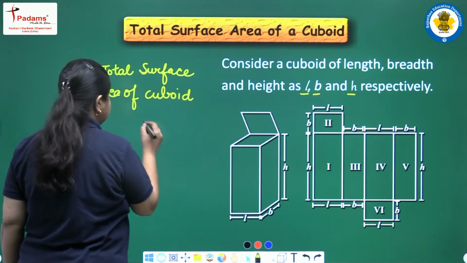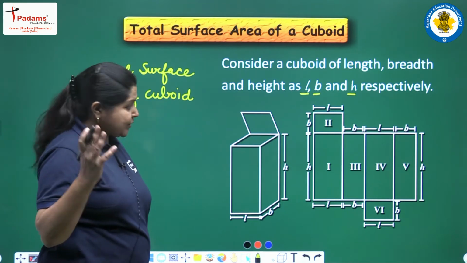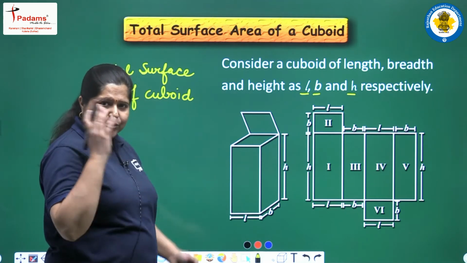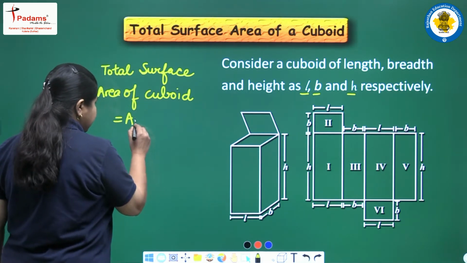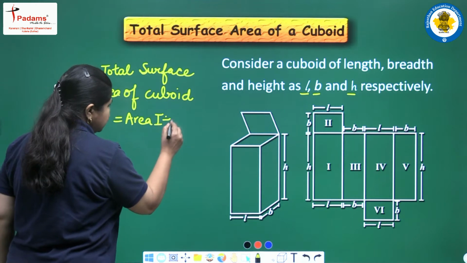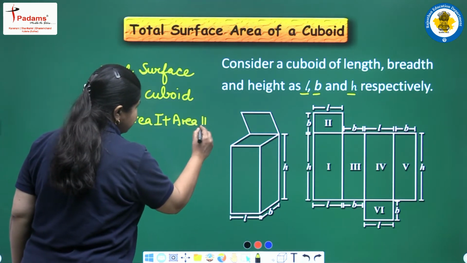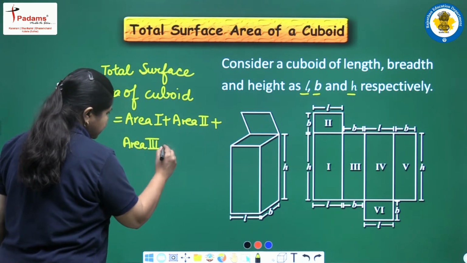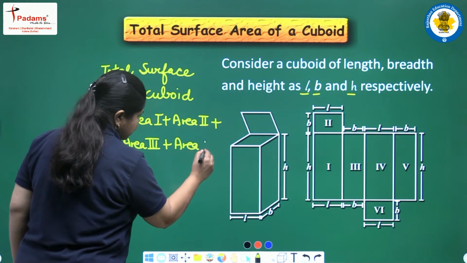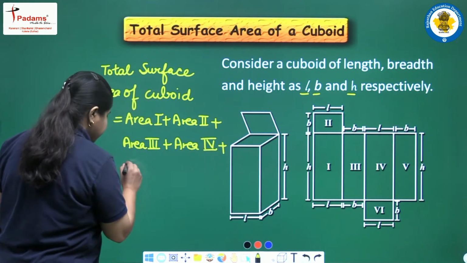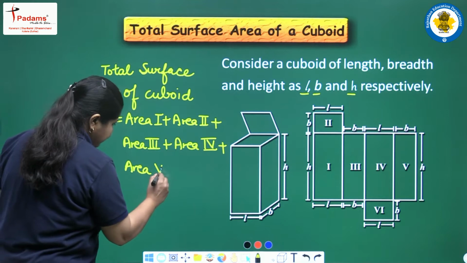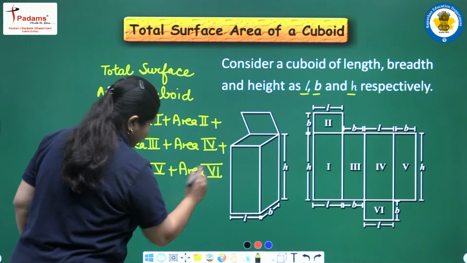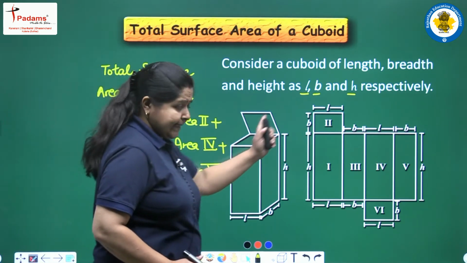It is the sum of the area of all its faces. तो यहाँ पर जितने faces हैं 6 faces हैं सभी का area लेंगे और उनका sum कर लेंगे. तो चलते हैं हम पहले यहाँ पर लिख लेते हैं area of first figure plus area of second figure plus then we will take area of third figure plus area of fourth figure plus here we will take area of fifth face plus area of sixth face. So here we are taking the areas of all these 6 faces.